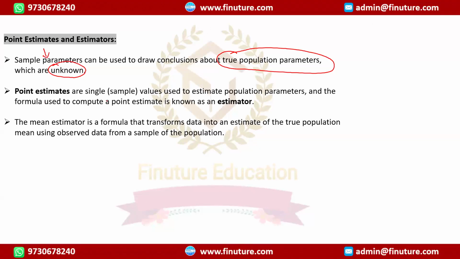Point estimates are single values used to estimate population parameters, and the formula used to compute a point estimate is known as an estimator. It's just the sample mean and variance that you use to infer about the population parameters. The mean estimator is a formula that transforms observed data from the sample into an estimate of the true population mean, just as we spoke about now.